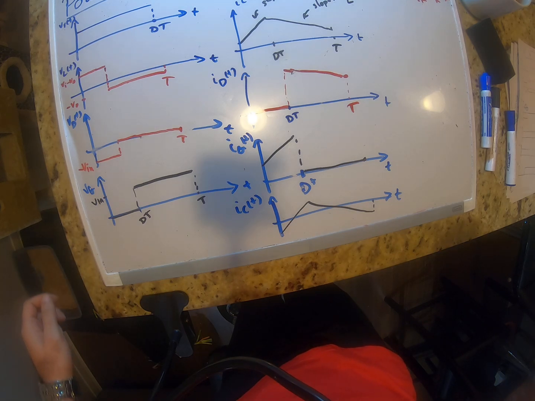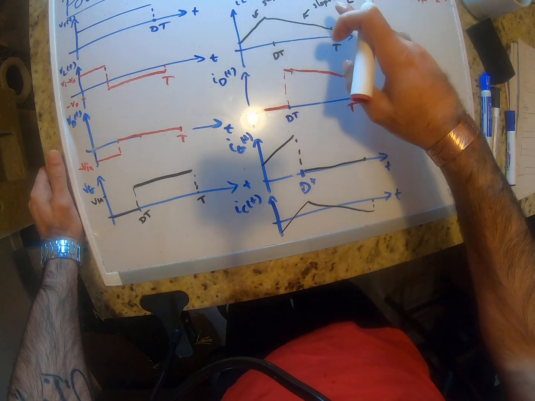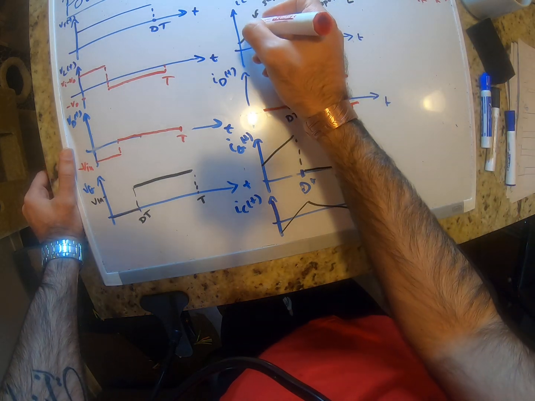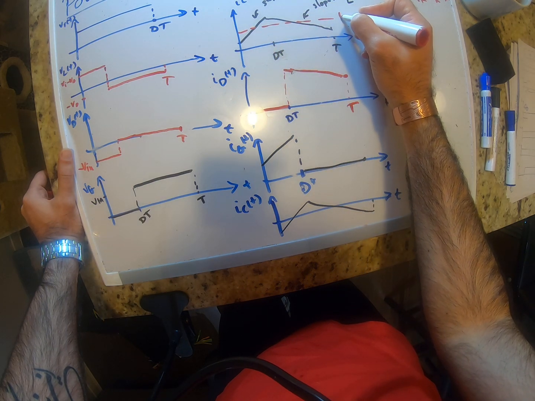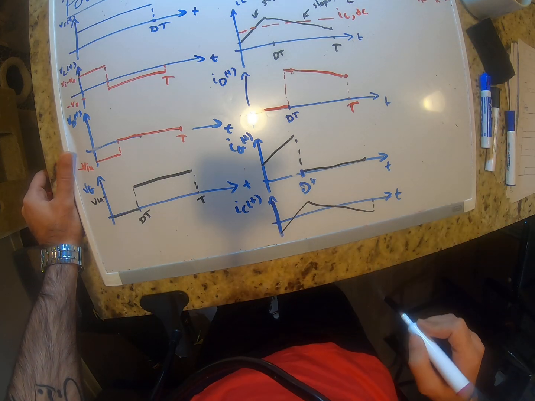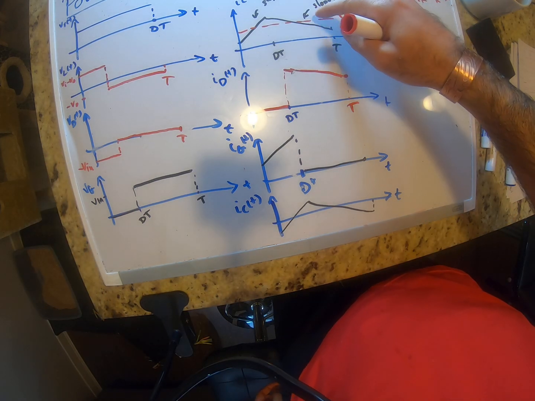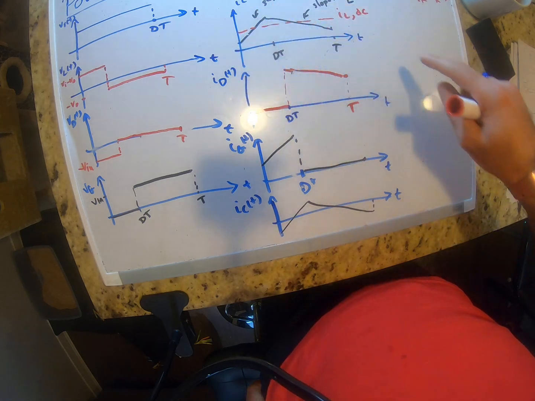Now I want to calculate the DC values of some of these parameters. Let's assume that the DC value of IL is here. You remember that IL DC has to be exactly in the middle of this triangle.